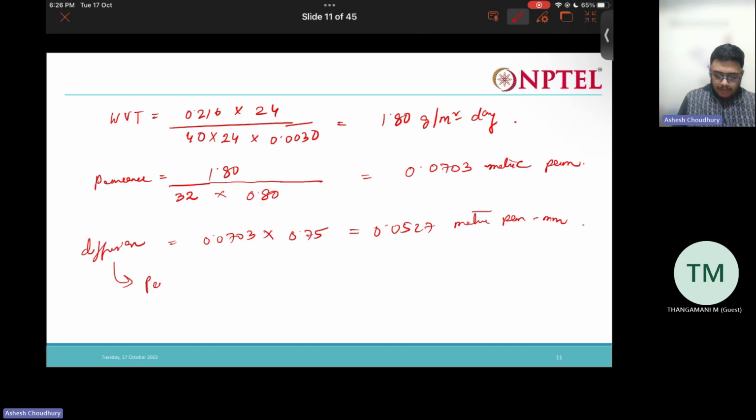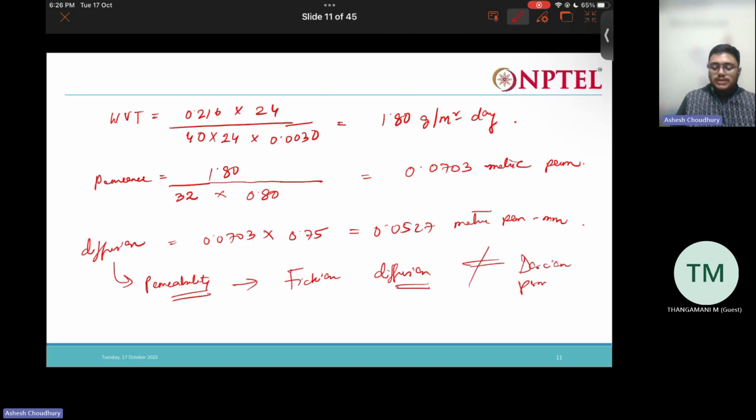This is also called permeability, but this permeability is from Fickian diffusion, not equal to a normal Darcian permeability. The permeability K that we generally find out is not equal to that, but we can find this out from that only.